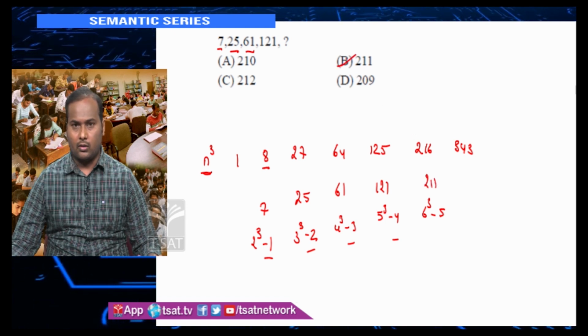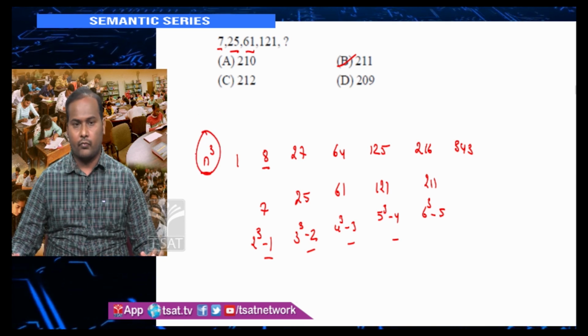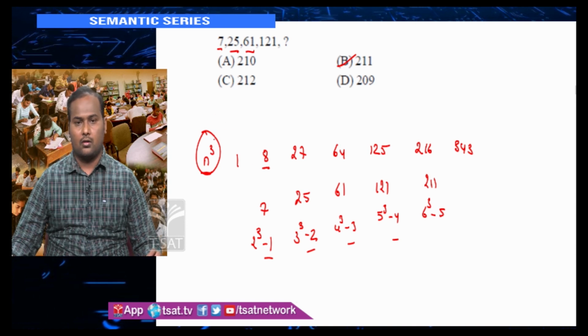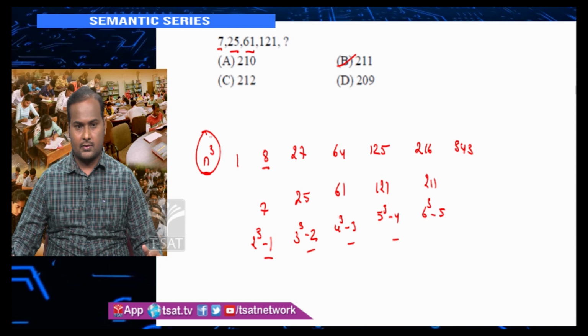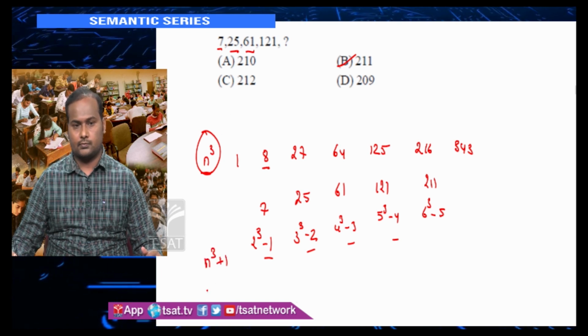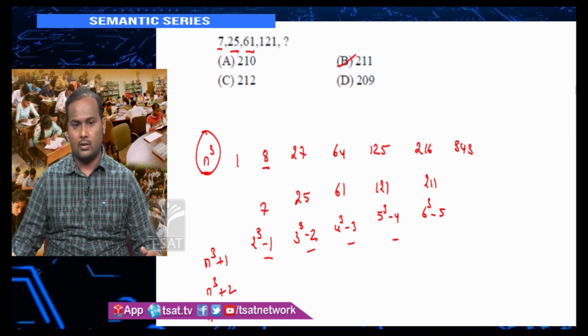So what you need to remember here is that the format of n cube is very important. In the format of n cube, you also have to remember all the values near to n cube as well. For example, n cube plus 1, n cube plus 2 and n cube plus 3.